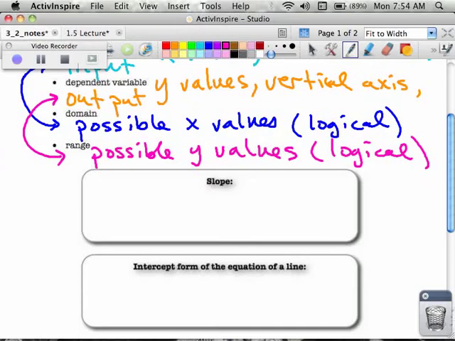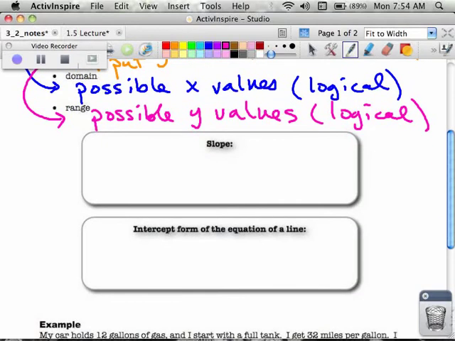Some refreshers on slope. We've talked about it as the rise over the run. Sometimes we say this means the change in y, that's what the little triangle means, over the change in x.